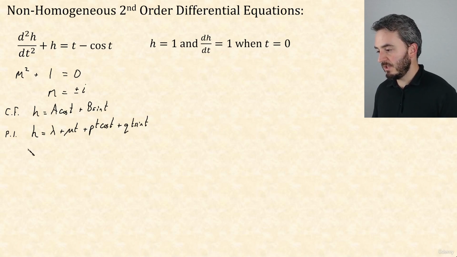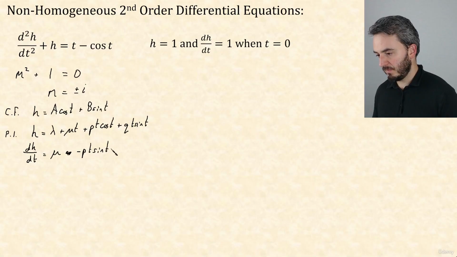So dh by dt is, well, lambda goes and we're left with mu. Here, product rule, u, v, so it's going to become a minus u v dash plus v u dash.